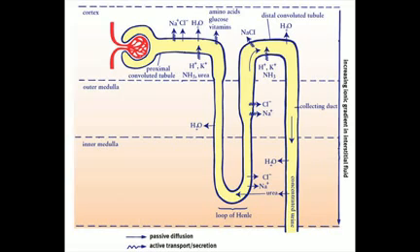The urine from the uriniferous tubule reaches the ureter, through which it reaches the urinary bladder. When the urinary bladder is filled, urine is passed out from the body through the urethra.